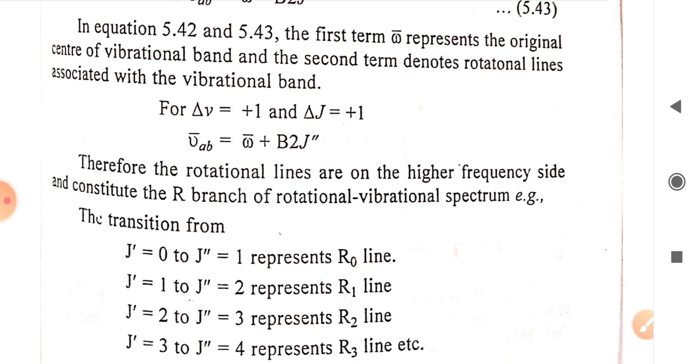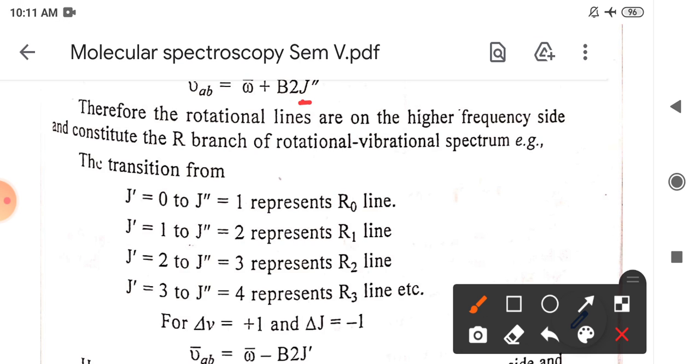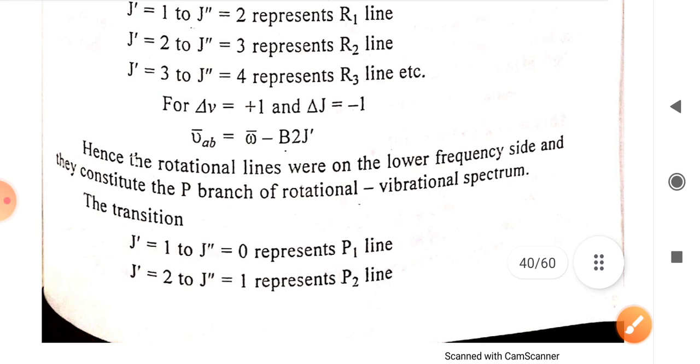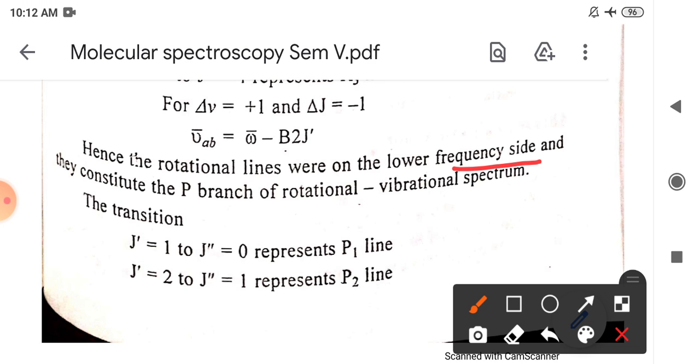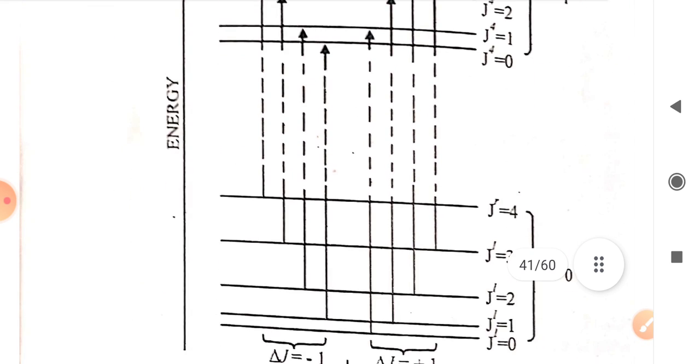For Δv equals plus 1 and ΔJ equals plus 1, the rotational lines can have various values depending upon the values of J''. For J' to J'' of 0 to 1 transition, the R0 line, from 1 to 2 it is the R1 line, similarly R2 line, R3 lines, etc. Similarly for the rotational lines on the lower frequency side, they constitute the P branch of the rotational-vibrational spectrum, and the transitions are from 1 to 0, P1 line, 2 to 1, P2 line, likewise. In the spectrum it will be more clear.